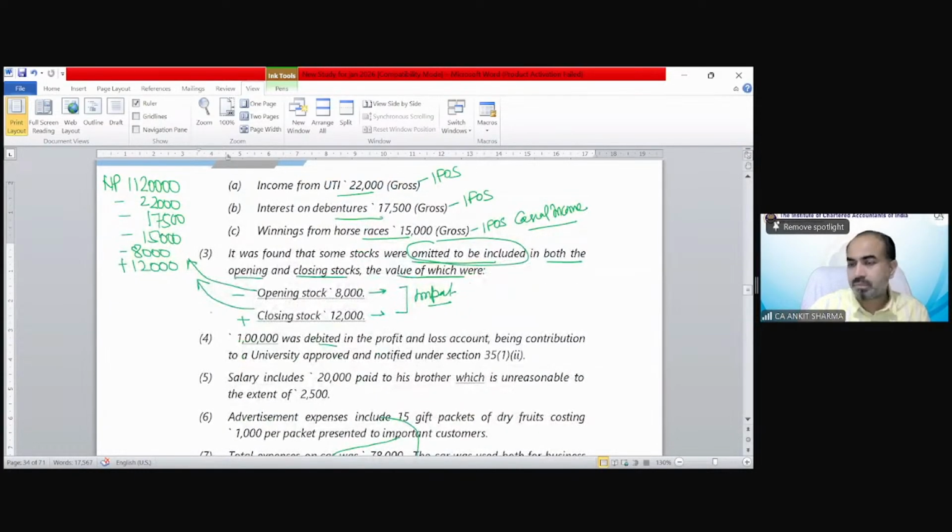Clear? Next, 1 lakh was debited to the profit and loss account, being a contribution to a university approved and notified under section 35(1)(ii). So what should be the treatment of this point number 4? Do I need to add it back or reduce it or something else?